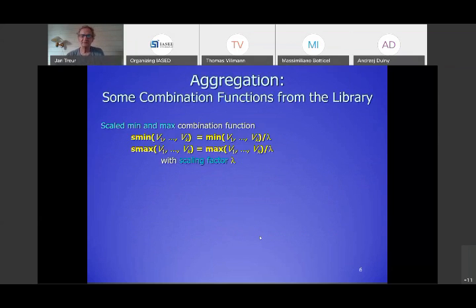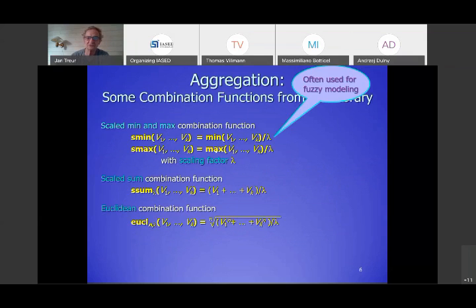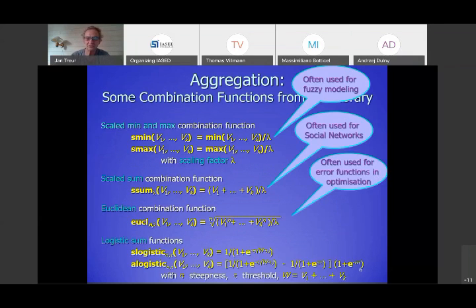The combination function library has at the moment about 40 functions, and the well-known functions are also in it, like these functions that are often used for fuzzy modeling, these functions that are often used in the social network area, these Euclidean functions that are often used for error functions, for example, especially for NS2.